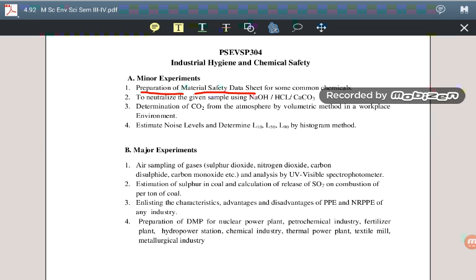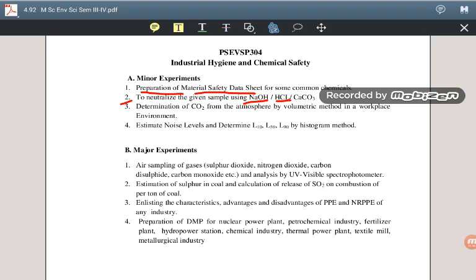And the next experiment is to neutralize the given sample using NaOH, HCl or CaCO3. In most factories you can find that wastewaters are liberated and these wastewaters have to be neutralized. In order to neutralize the wastewater, we require either a strong base or a strong acid.